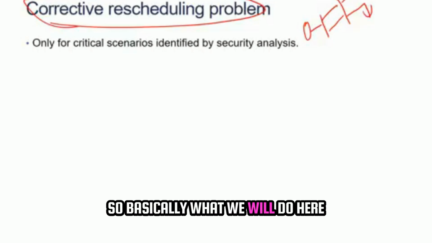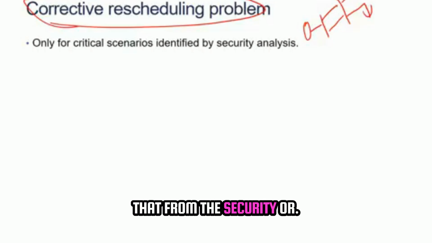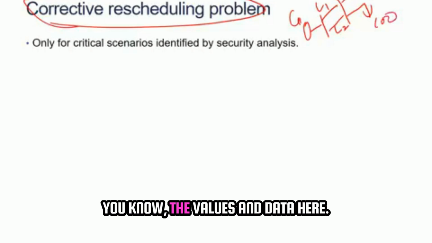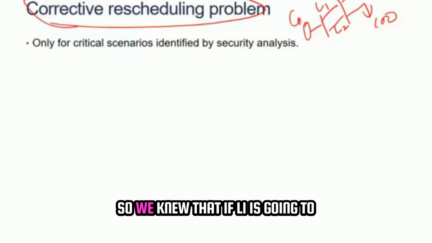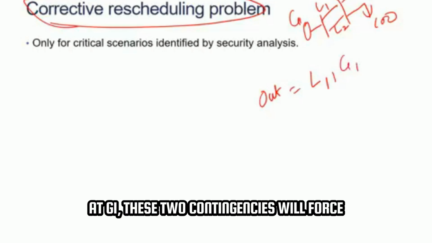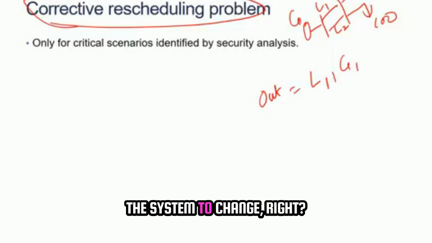So basically, the contingencies were G1, L1, L2, G2. I'm not repeating everything here; you know the values and data. We knew that if L1 gets faulted, or G1 has an outage, these two contingencies will force the system to change.